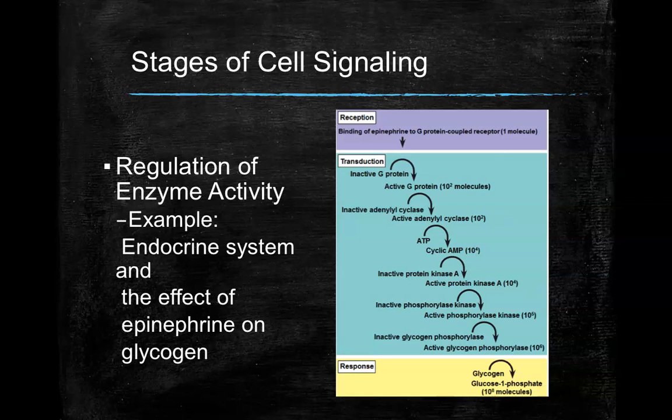So here's just an example of regulating enzyme activity. All right, we're using epinephrine or adrenaline. That goes through a host of activation of different protein kinases. All right, here's your secondary messenger, cyclic AMP, and that's going to end up regulating the conversion of glycogen, which is stored glucose in your cells, into normal glucose, so that we're probably using this in something like a fight or flight idea.